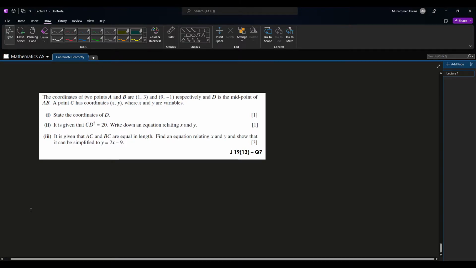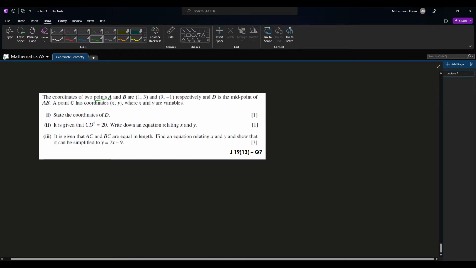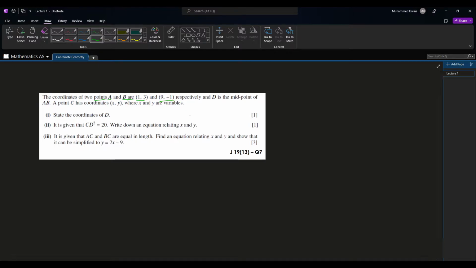Okay, here we have a question from the year 2019, May June, paper 13, question 7. Now then, let us see what this question is asking us. The question is saying that the coordinates of 2 points A and B are 1, 3 and 9, minus 1 respectively.